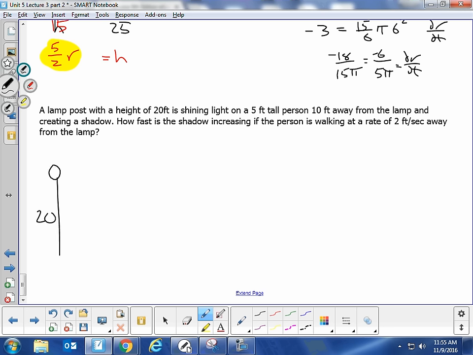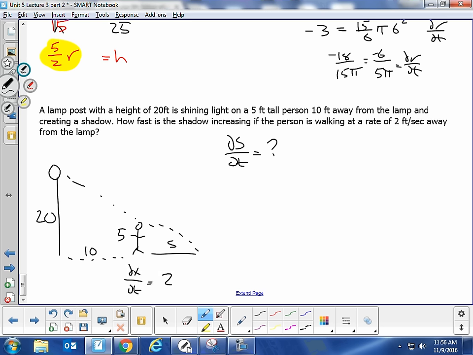It's shining on a 5-foot tall person who is 10 feet away, and it's creating a shadow. The light's coming off here, hitting this guy, and creating a shadow. How fast is the shadow increasing? So I want to find ds/dt if I'm using s for the shadow. The person's walking away, so that'd be dx/dt at 2 feet per second.